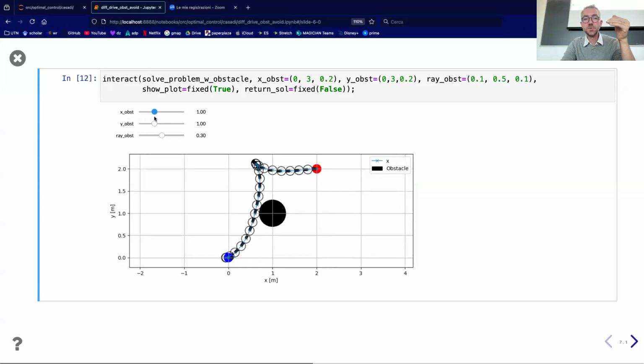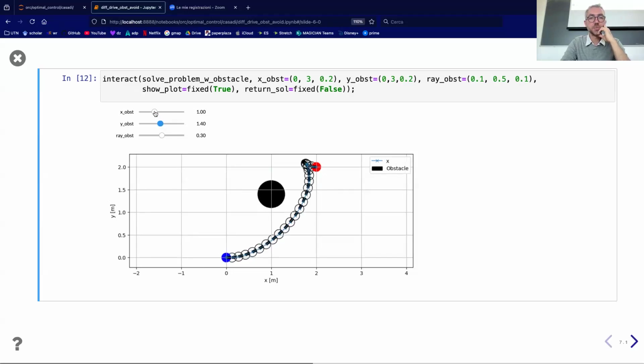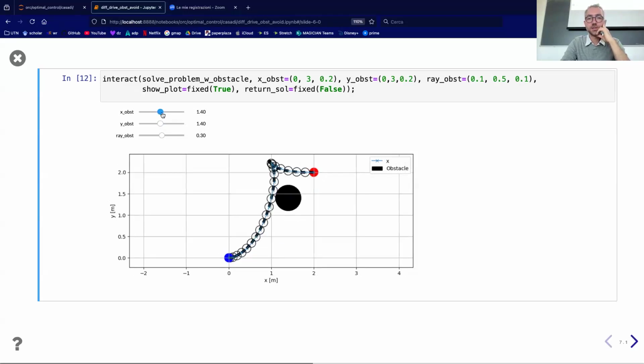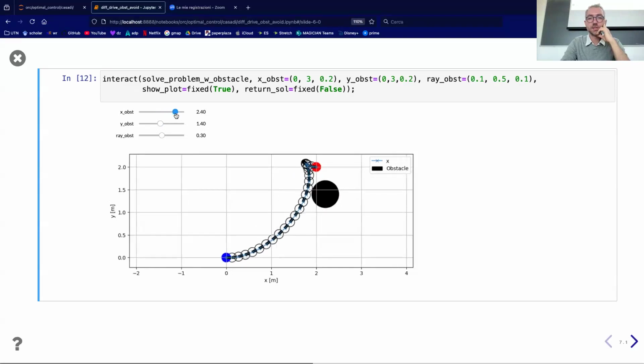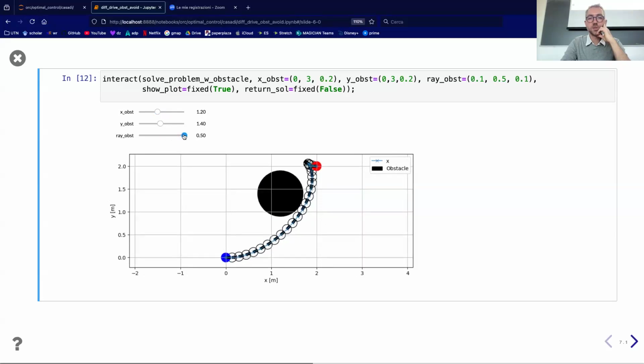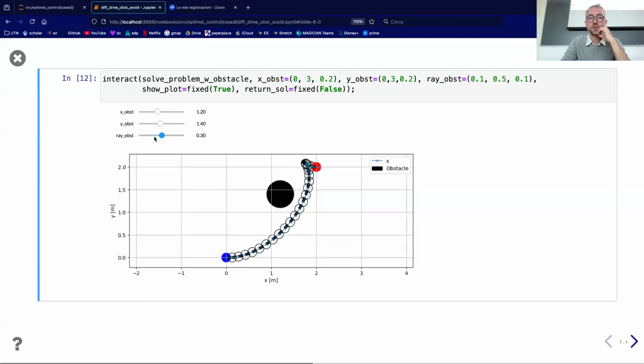As soon as I move the obstacle close enough to the solution, then the solution changes, of course. And the solver figures out a new solution that doesn't collide with the obstacle. And then I can keep chasing the solution, and I can see how it changes when I move the obstacle around. I can also change the size of the obstacle.